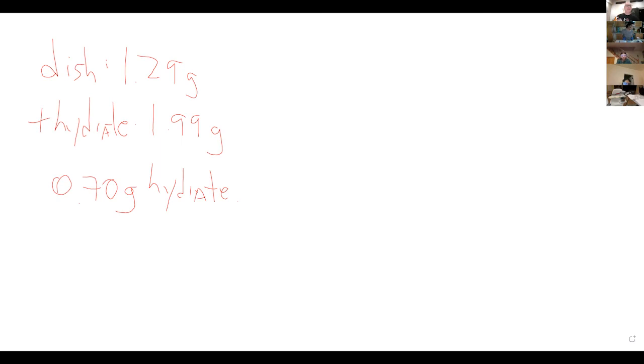Our mass after heating was 1.65. So we lost 0.34 grams. That is our mass of water.